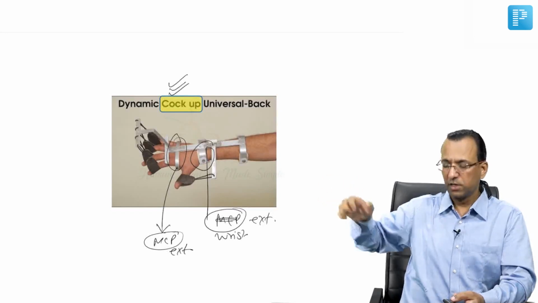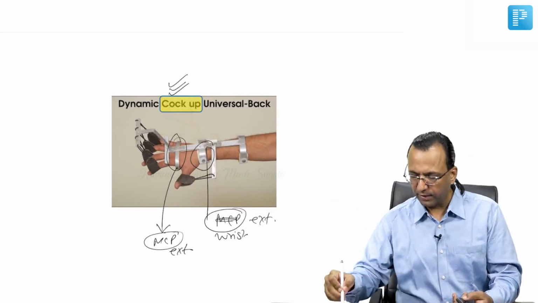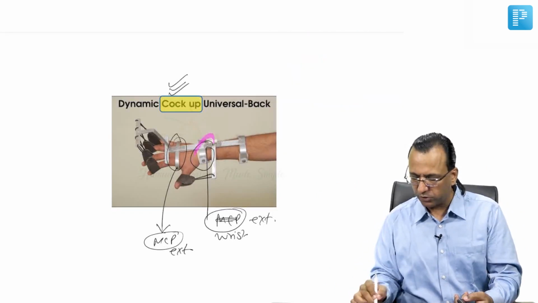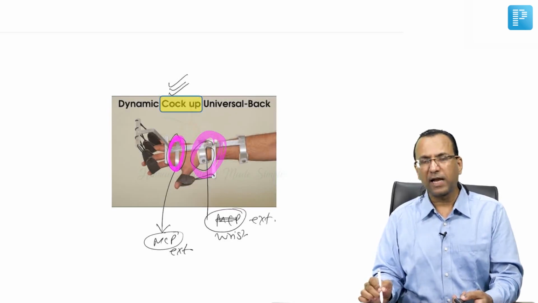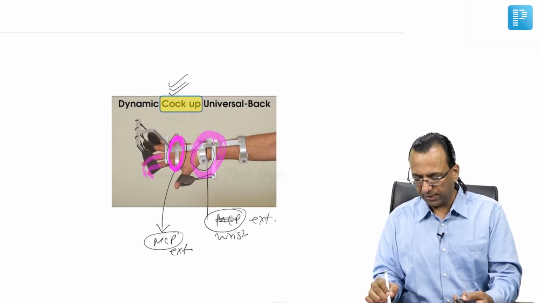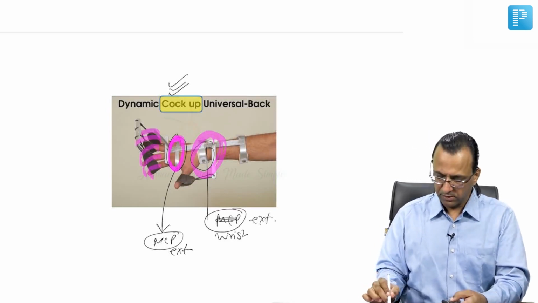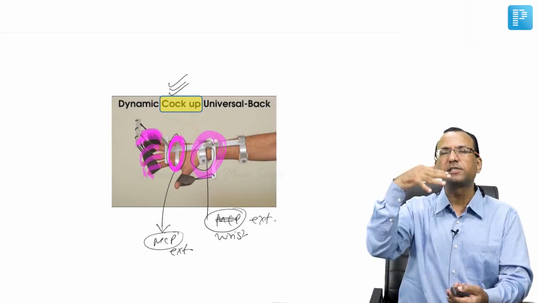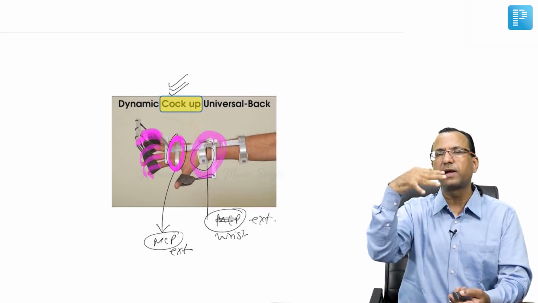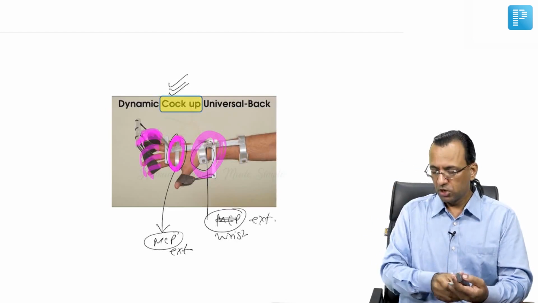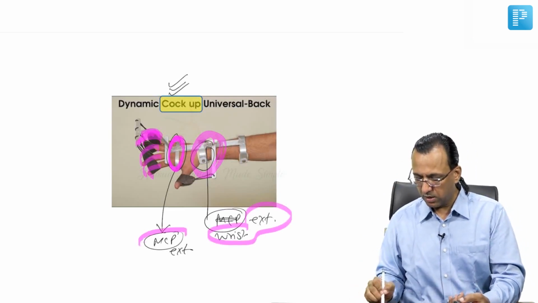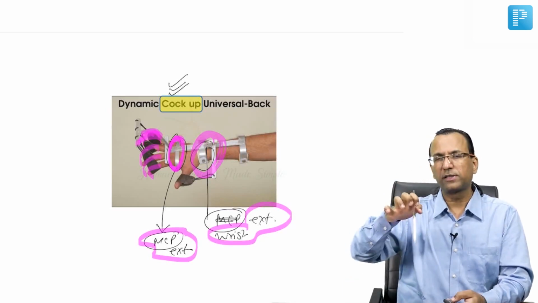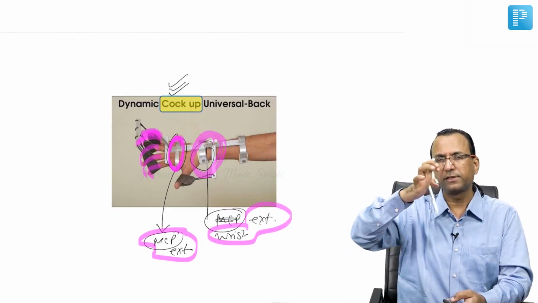So you mean to say I have to give a cock-up splint which is working at the wrist joint? Yes. And MCP, the knuckle joint? Yes. And IP you don't bother? IP can be in flexion. That doesn't matter because IP extension can still work with the help of lumbricals and interossei. Your focus will remain on wrist extension and MCP extension. That is what you have to extend, cock-up splint.